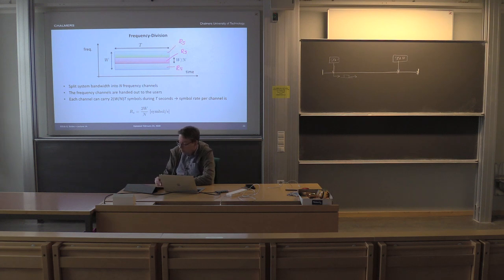And of course, if we take N times Rs, we get back to this 2W complex symbols per second. Okay. So we just split up the channels like this.